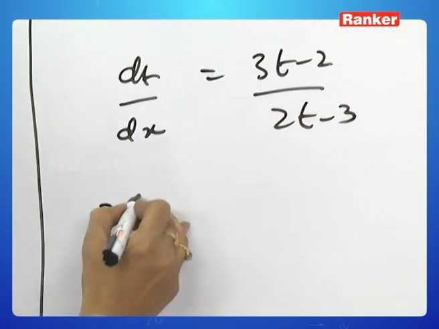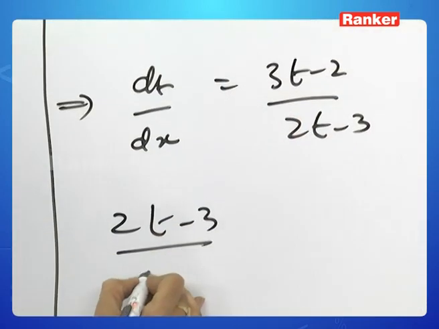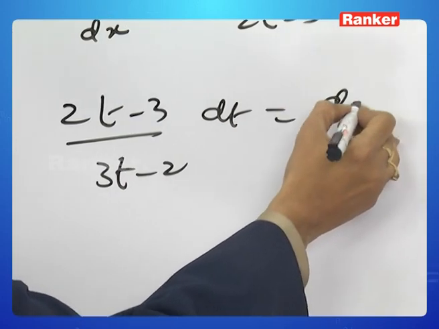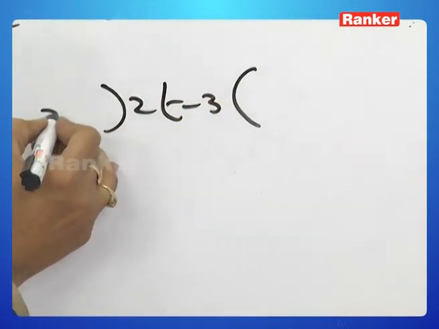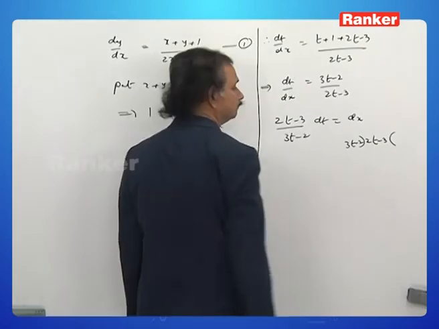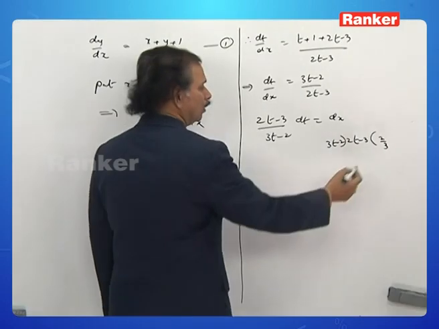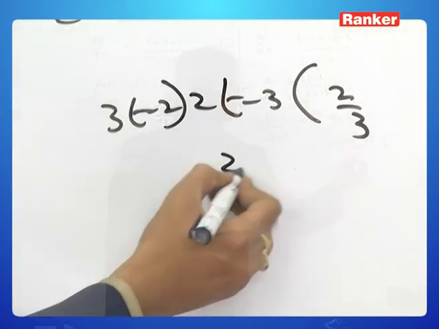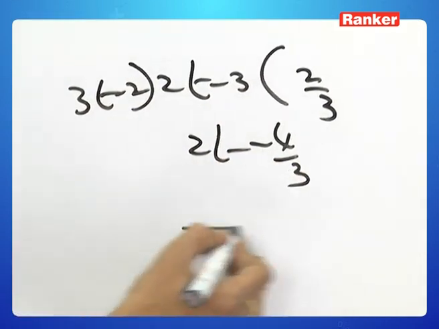Therefore, (2t minus 3) by (3t minus 2) dt is equal to dx. 2t minus 3, 3t minus 2. Come on. 2 by 3 times 3t is 2t. 2 by 3 into 2 is 4 by 3.